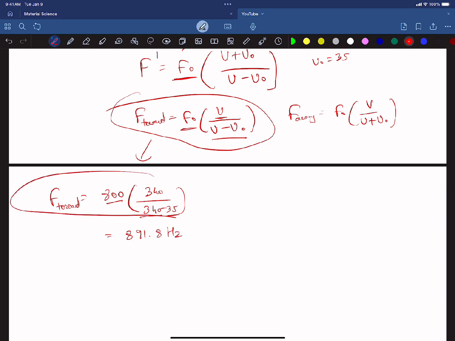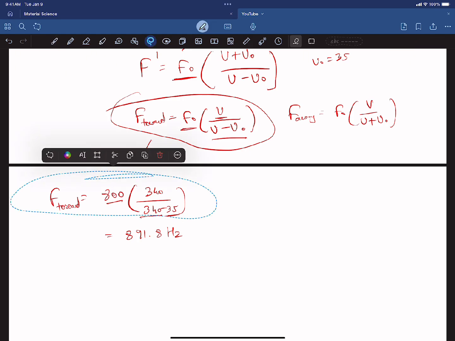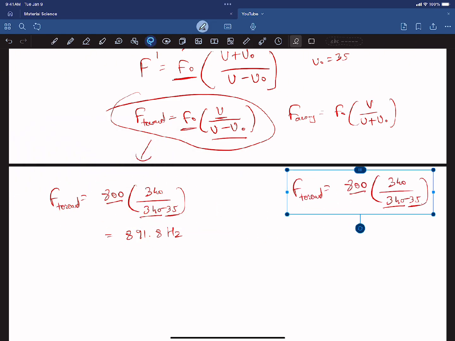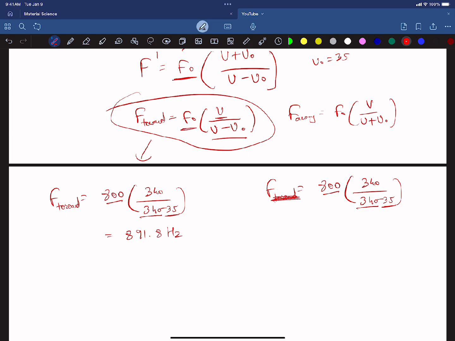Similarly, we'll do the same calculation for the car when it's moving away, but we just need to change this sign, and when you put this all in the calculator, you will get 725.3 hertz.